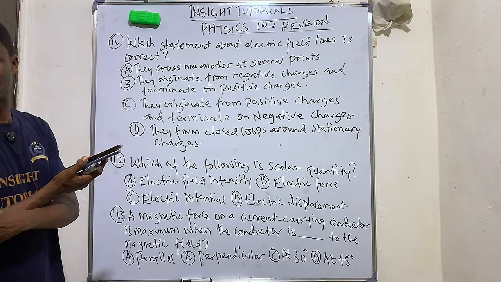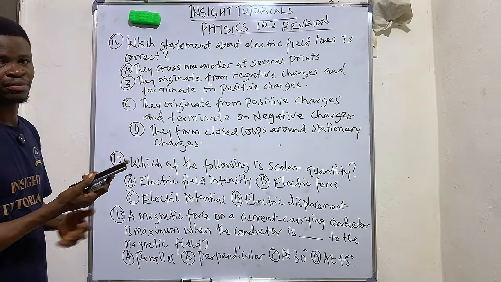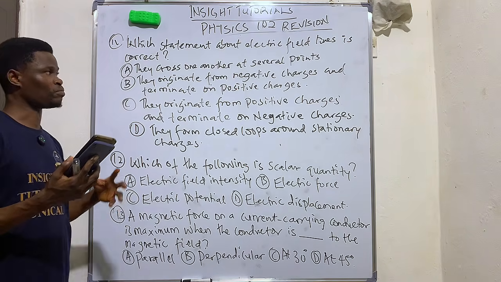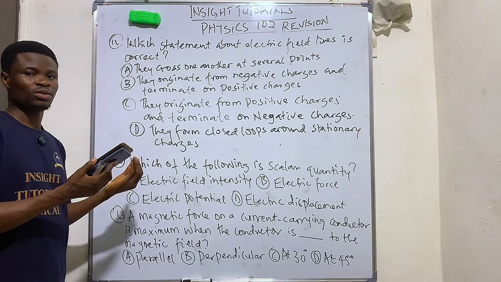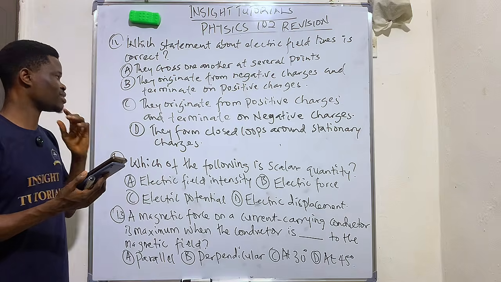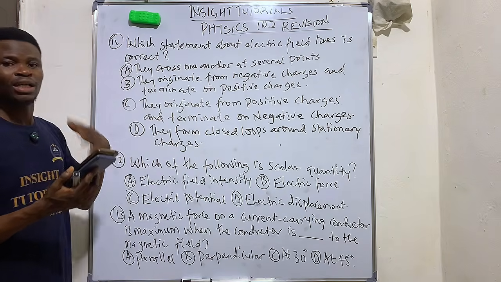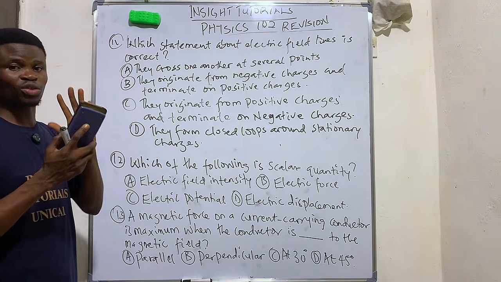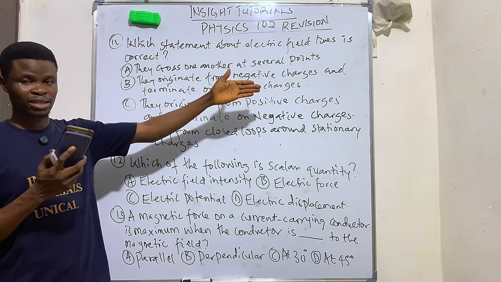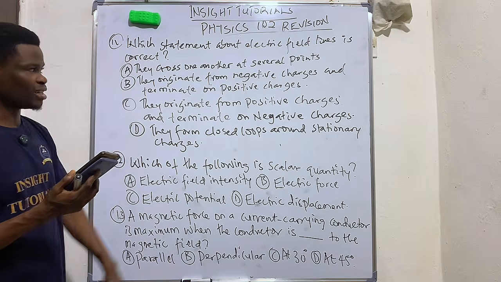Now, the key concept you need to understand is that electric field lines show the direction in which a positive charge would move. So in essence, they move from positive charges to negative charges. That is the memory tip you need to get. Anything to do with electric field lines, they move from the positive charge and terminate at the negative charge.